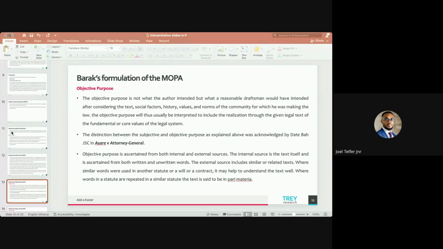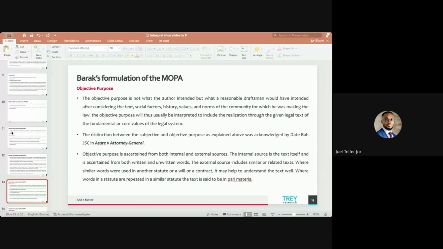You are saying, no, let me put him aside and go into his place and say, if I was a reasonable man, fully aware of the context within which society was prevalent at the time, what would I come to in terms of enacting a law that solves a particular problem? What would have been my purpose? That is the objective purpose.